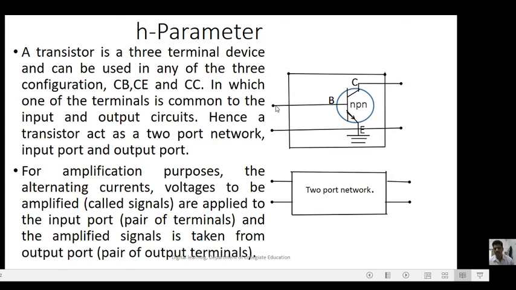These are the two input terminals and these are the two output terminals of any amplifier. For amplification purposes, the alternating currents and voltages to be amplified, called signals, are applied to the input port, the pair of input terminals, and the amplified signal is taken from the output port, the pair of output terminals.